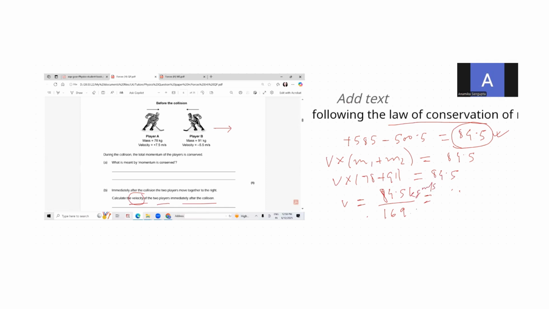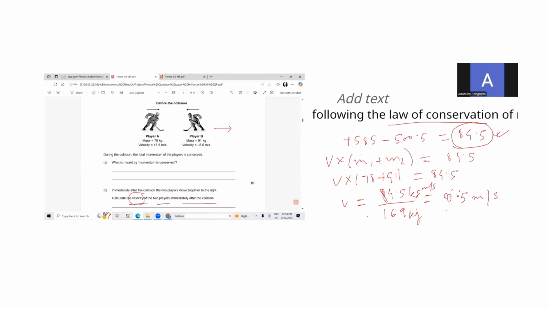So you will get the velocity in meter per second. So we are getting the value of 0.5 meter per second. After the collision, the velocity of the two players will be 0.5 meter per second.